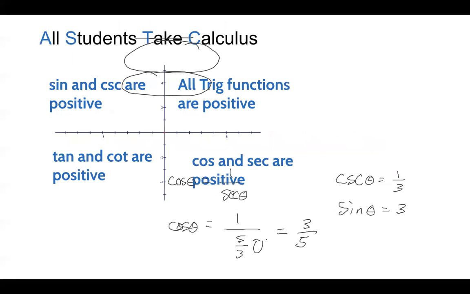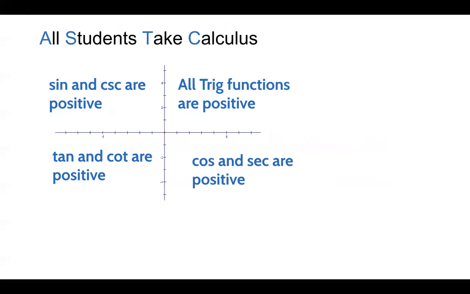There's just another one. One important idea is this acronym that says all students take calculus. And this is a quadrant, a coordinate graph. Everything in the first quadrant, all trig functions are positive. So if we make a triangle in that quadrant, all the trig functions are positive.